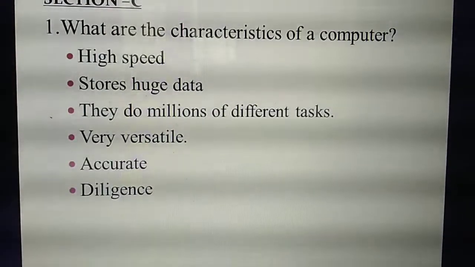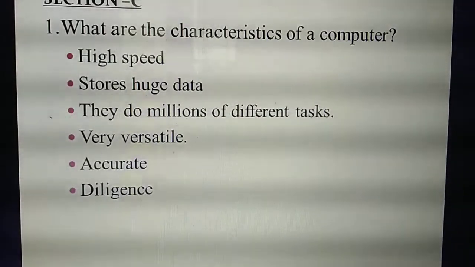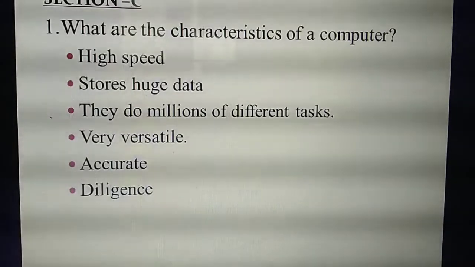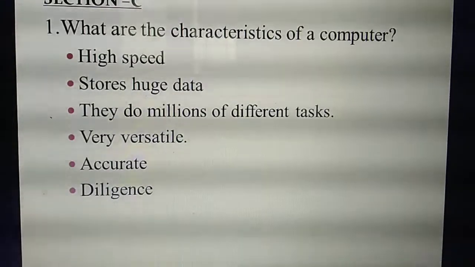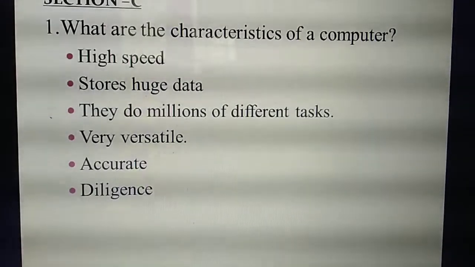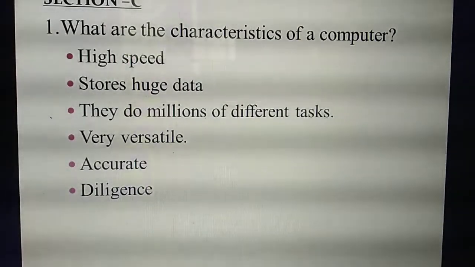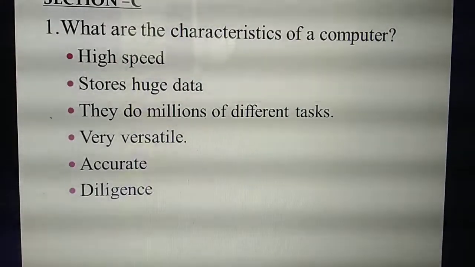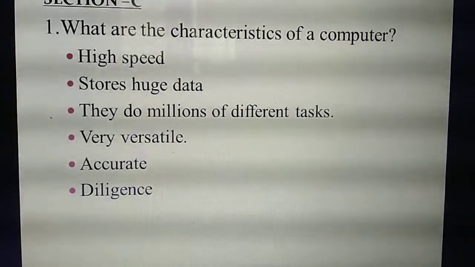Next one, very versatile. Next one, accurate. Next one, diligence. Please write it fast. Note it down. If they ask for the 3 mark question, all the points you should write, okay? Completed?